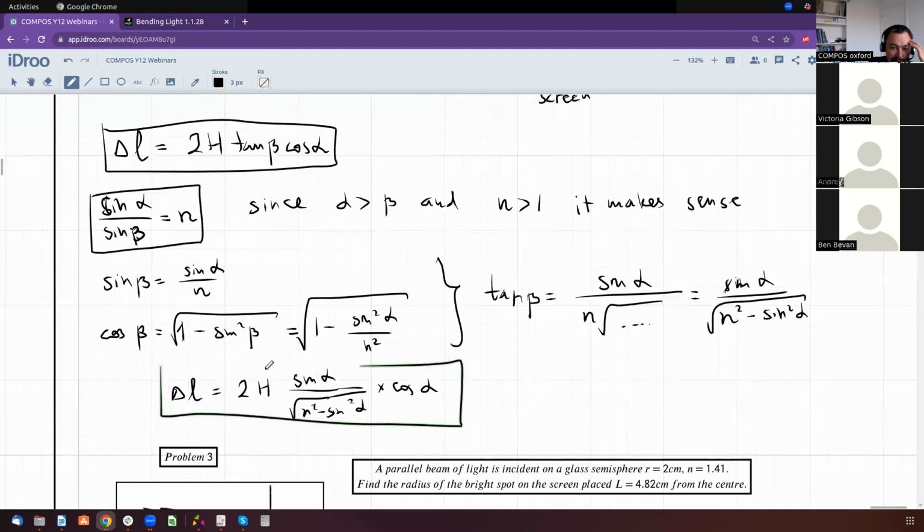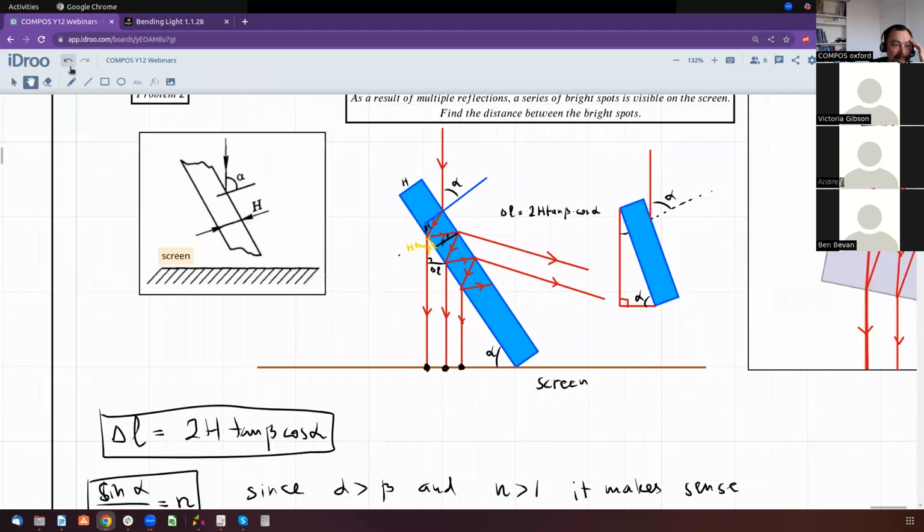This is the solution. And something I forgot to add, that h is 1 centimeter, n is 1.41, I believe. Oh, apologies. So where is it? Where is it?